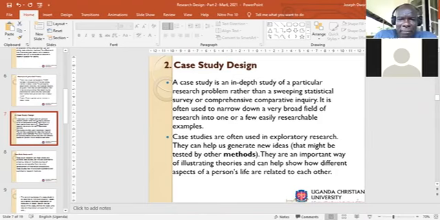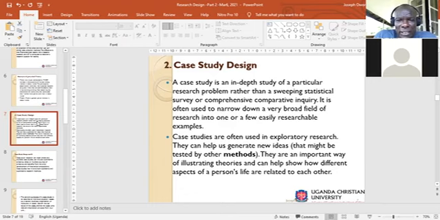But some people say, okay, case study means I'm going to design a questionnaire, and my case study is Century Bottling Company, a Coca-Cola plant in Namanve. That's my case study. But what have you studied in detail? The Coca-Cola plant in Namanve is a very huge thing.